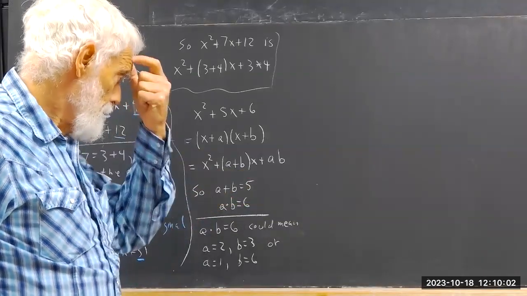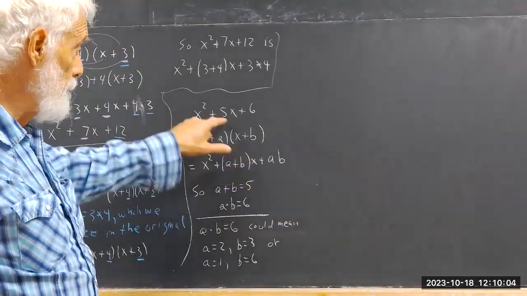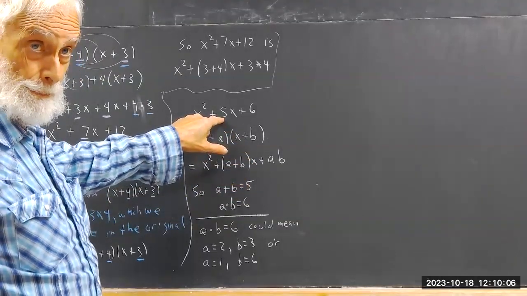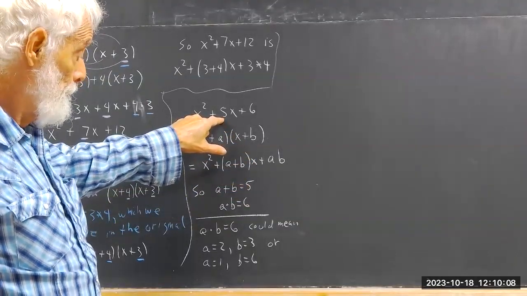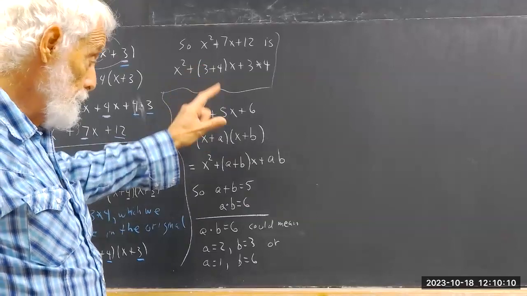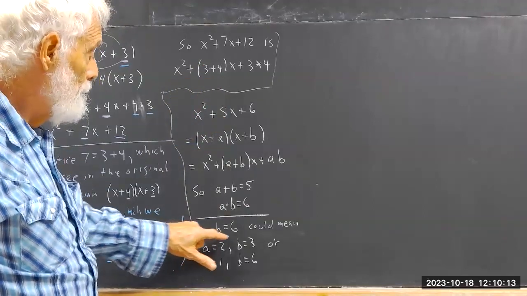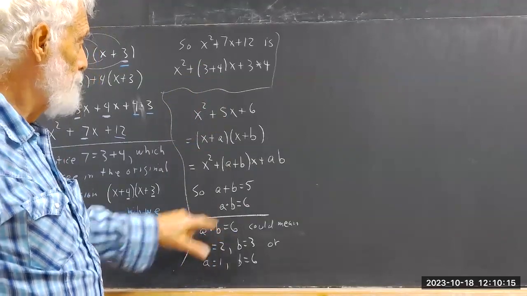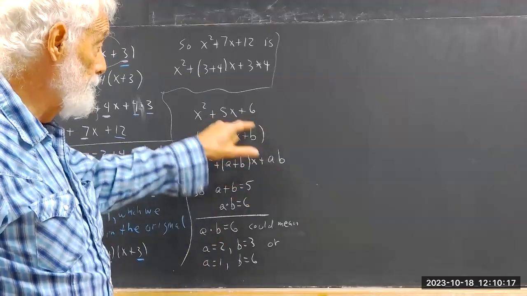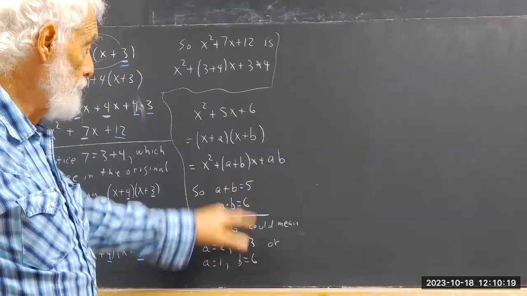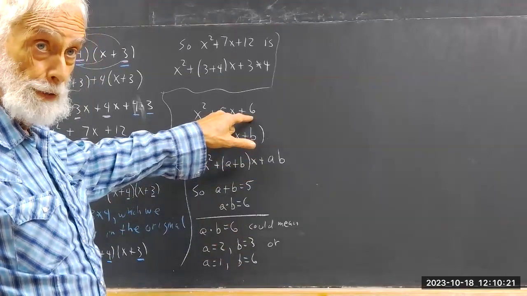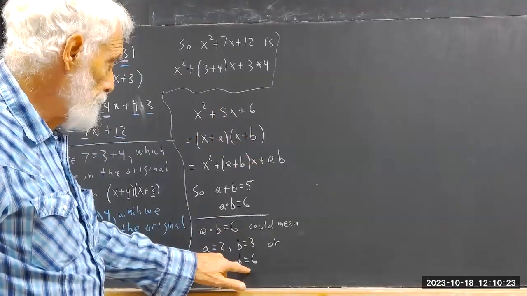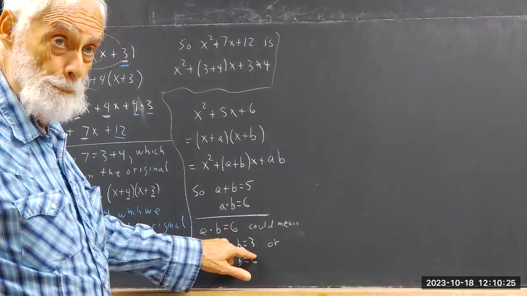Okay. Well, do we want a 7 in front of x? No, we want a 5. Okay. Now notice where we are. We're assuming that a times b is 6. And we get two pairs of numbers that make that so. So we've already got 6 if we use 1 and 6, or if we use 2 and 3.